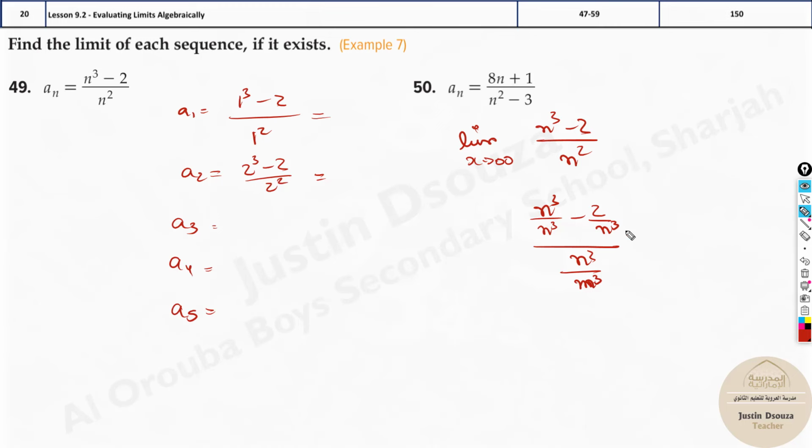And now what you have to do is simplify this. The limit remains as x tends to infinity. Over here also, limit as x tends to infinity remains. Solve it up. It's going to be 1 minus 2 by n cubed divided by, over here it's just 1 by n.